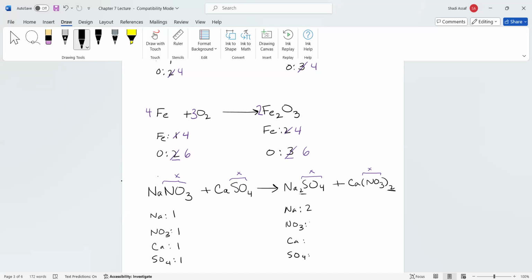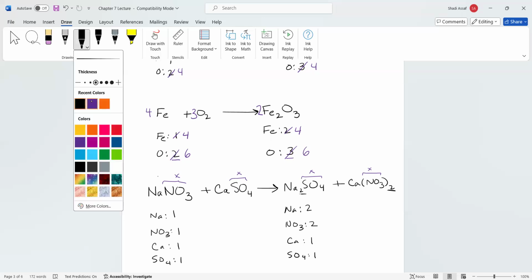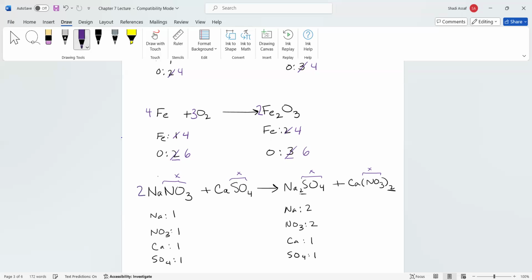We have two of them, one calcium, and also one sulfate. So we need to balance the sodium and the nitrate. So this is 2 and 2, this is 1 and 1. So what we do is just put a 2 in front of this, and it would be balanced.